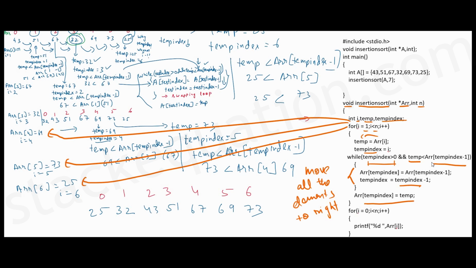And once it's over, the value which was stored in temporary, that means the value which is actually misplaced, gets stored in the current temporary index. It gets restored in its right place, right?